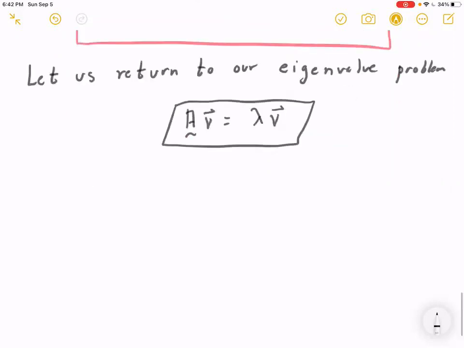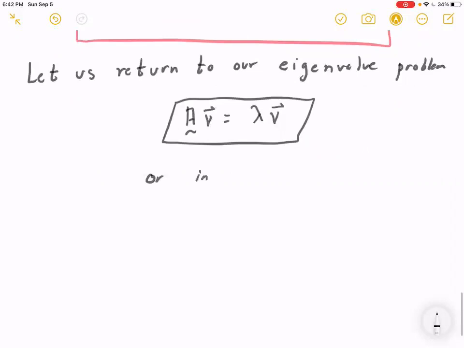In general, you can imagine having a problem where you have many eigenvectors, and each one gives you an eigenvalue.